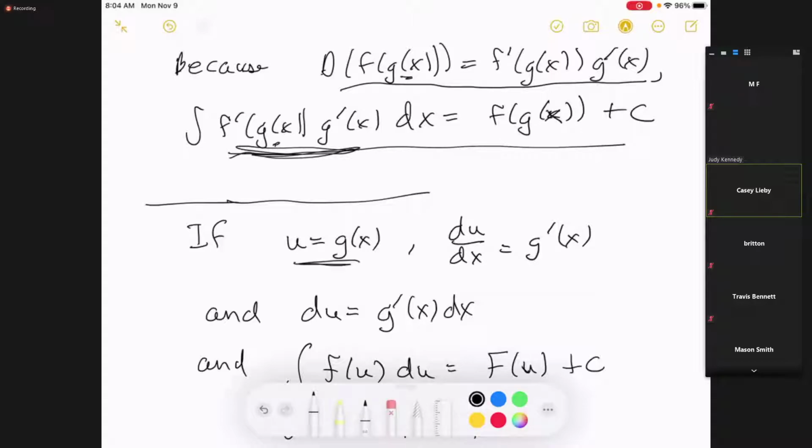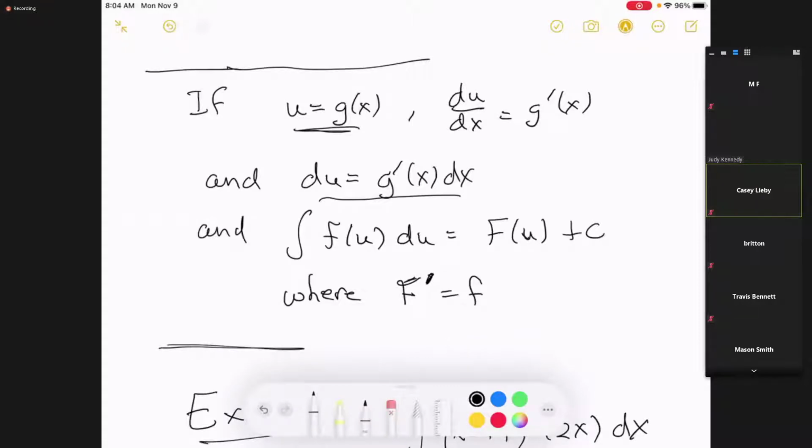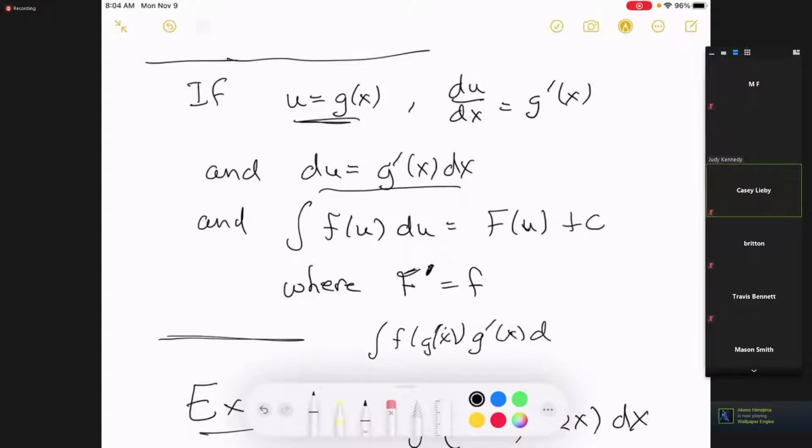We'll let u equal g of x, that's the inside function. So du/dx is g prime of x, or du is g prime of x dx, and then the integral of f of g of x times g prime of x becomes the integral of f of u.